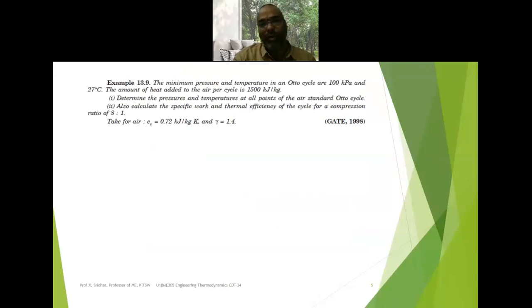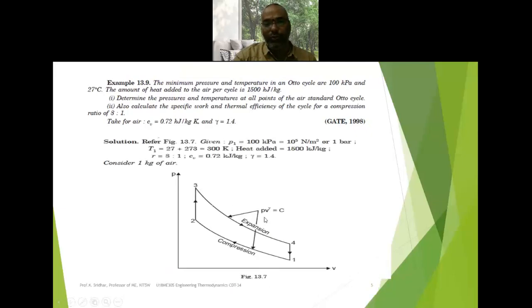This problem appeared in GATE 1998. The minimum pressure and temperature in an Otto cycle are 100 kilopascals and 27 degrees centigrade. Just see the PV diagram of the Otto cycle here. He is saying minimum pressure and temperature.